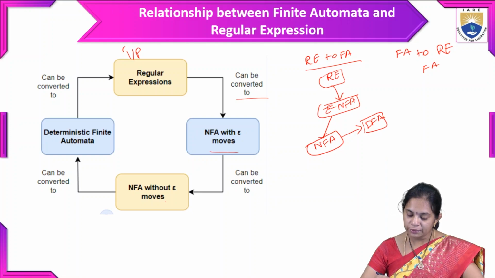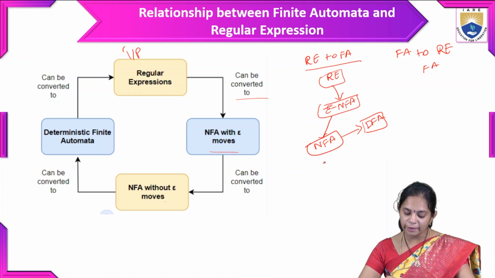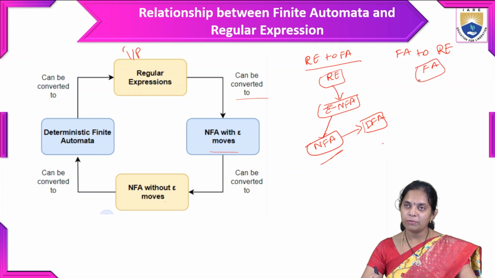If we have only finite automata and want only an NFA, we can stop here. And if we want a DFA, again we need to convert the given NFA to DFA. And coming to the FA, finite automata is an input and we need to convert it to a regular expression.